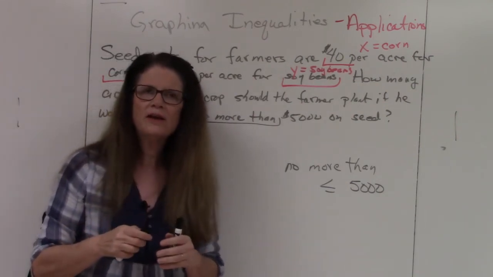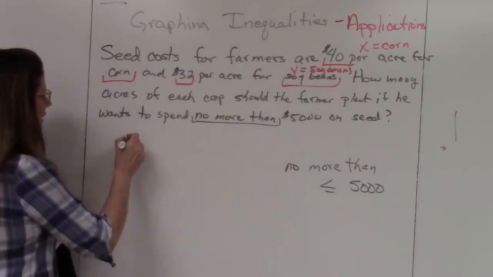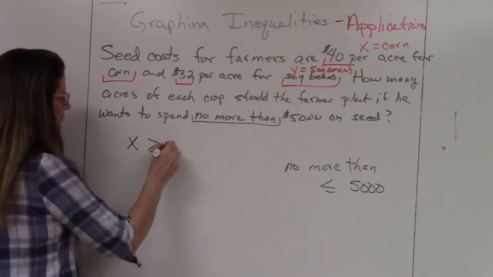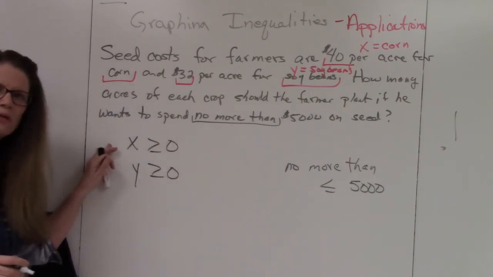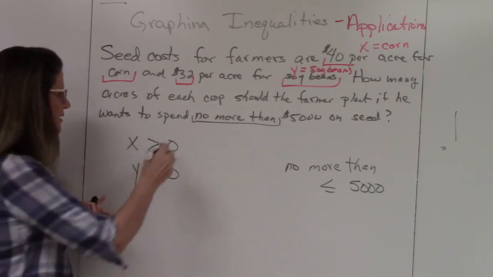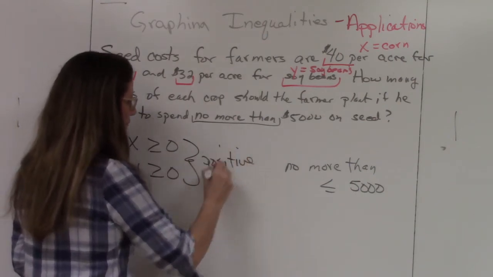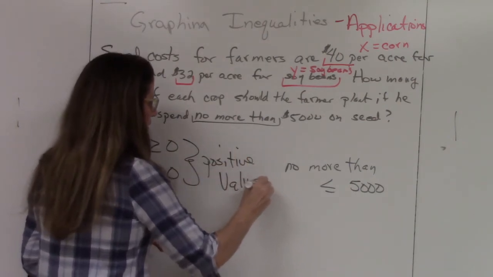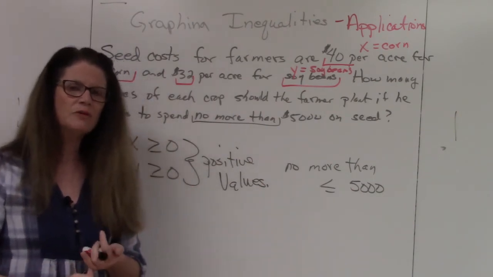The other thing about inequalities, especially with word problems, is you're going to see indicators like this: X is greater than or equal to 0, and Y is greater than or equal to 0. All this indicates is we are working with positive values. All right? In other words, in reality, you can't have a negative number of acres.